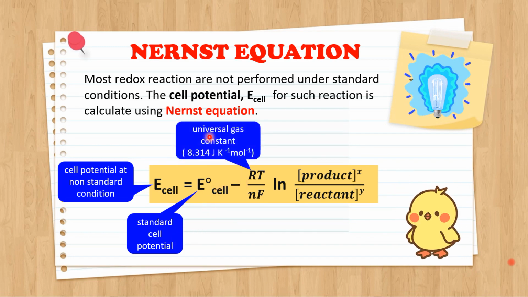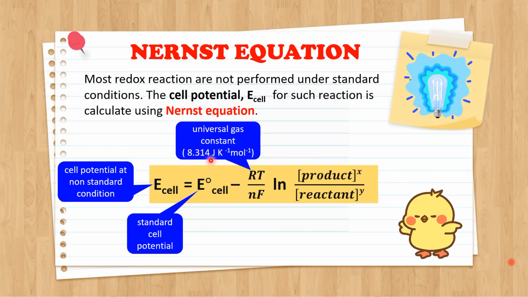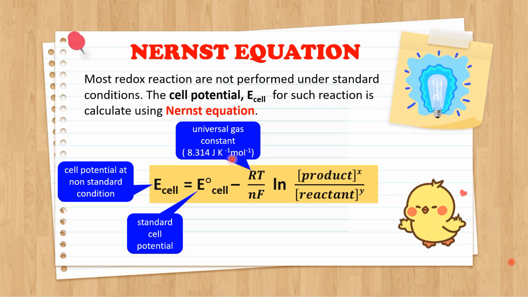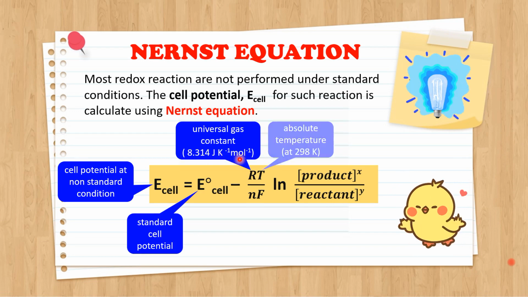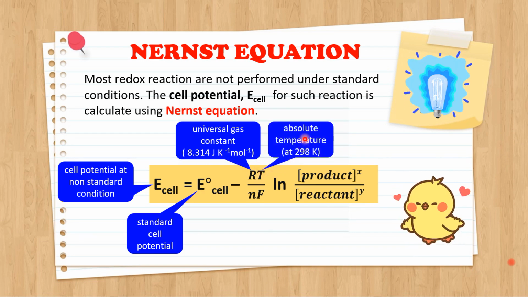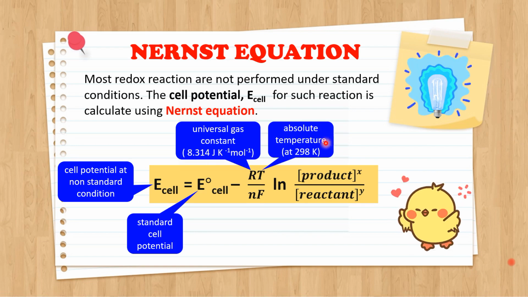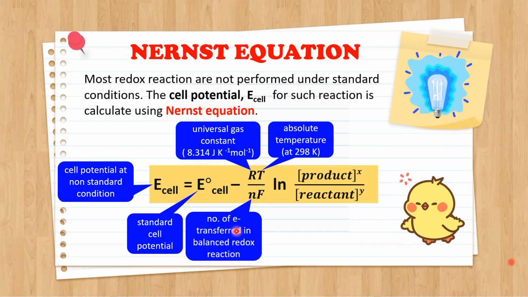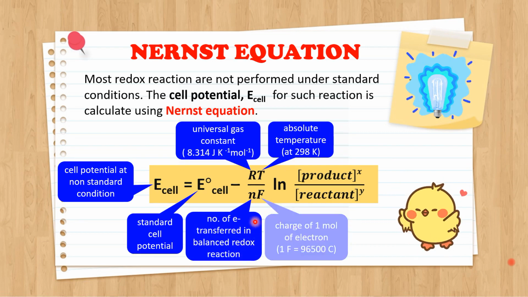Okay, R stands for the universal gas constant, that is 8.314 joule per Kelvin per mole, where T refers to the absolute temperature at 298 Kelvin. N refers to the number of electrons transferred in the balanced redox reaction.